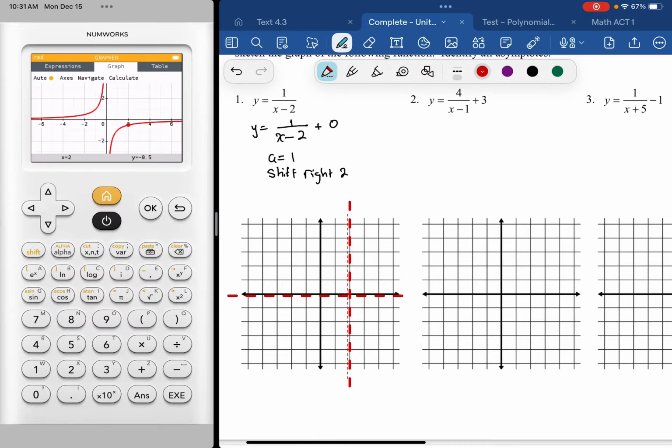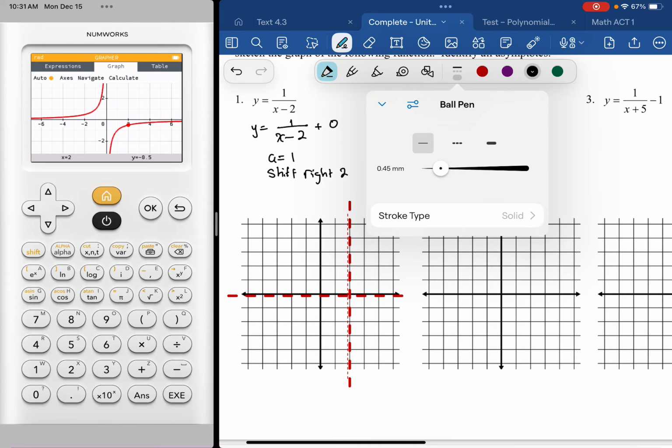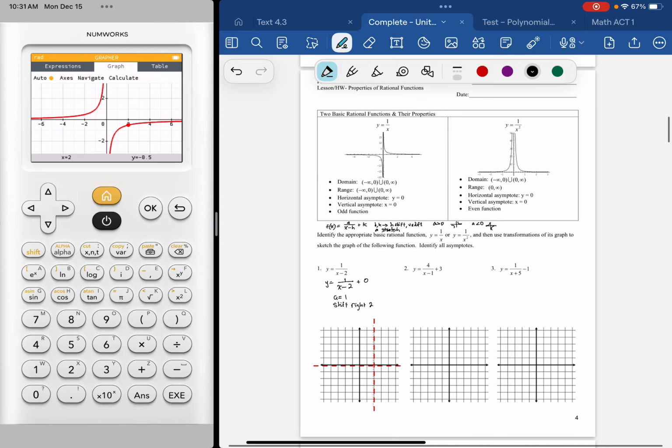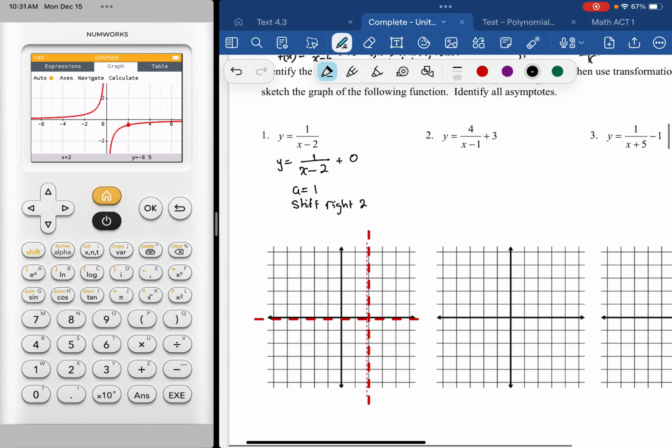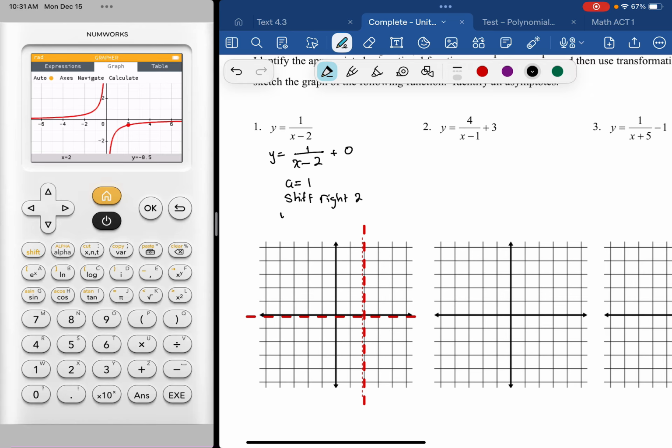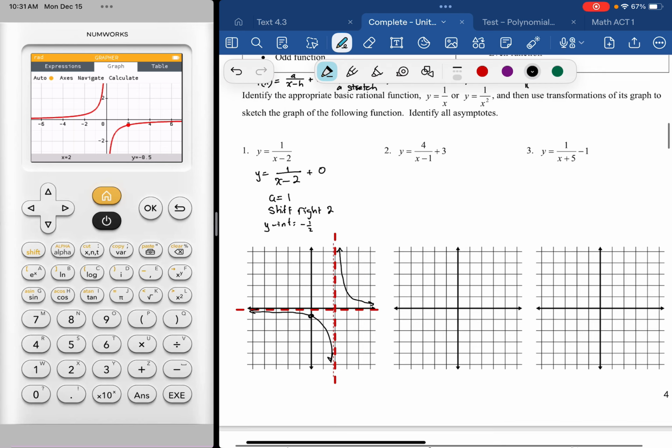And I'm going to draw the sketch based off of this structure because the a value is 1, so it behaves the same way. Always a good idea to get the y-intercept, which is negative 1/2. It gives you a little sense of scale. So we're looking at something, for the most part, like this.